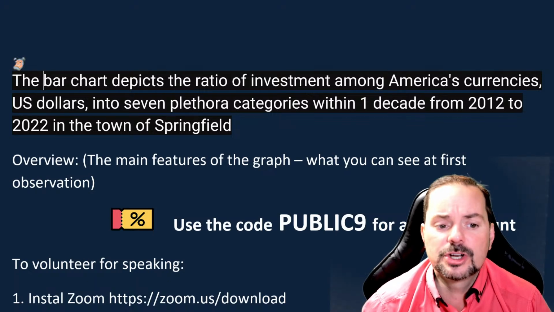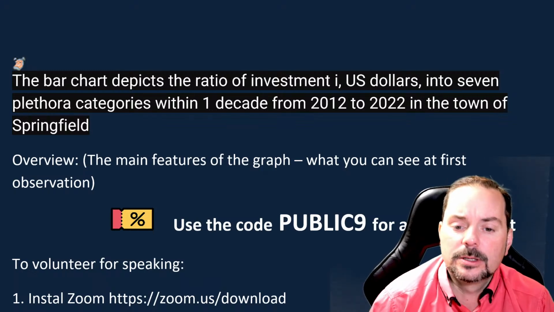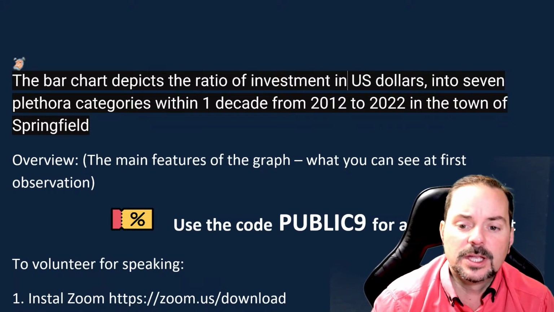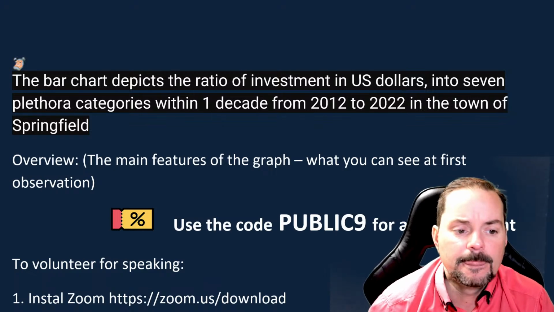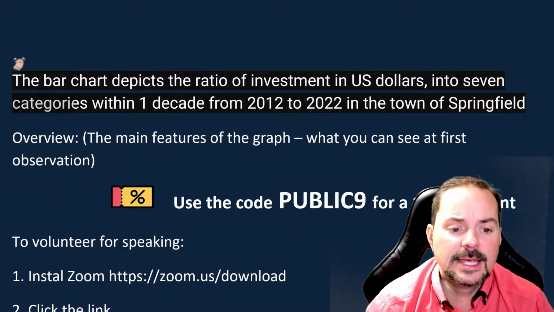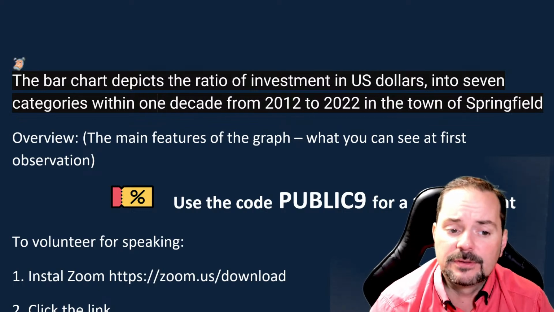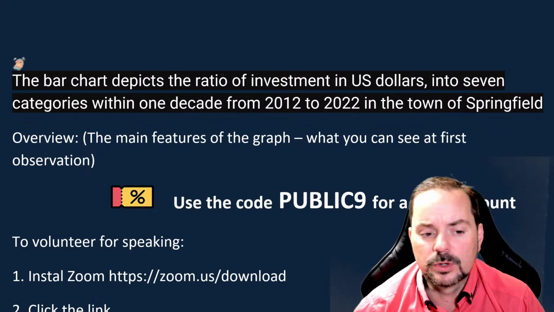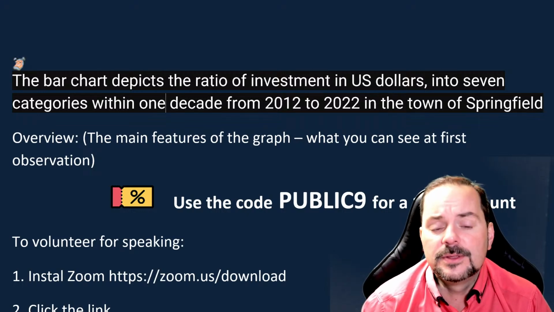Okay, so the bar chart depicts the ratio of investment in US dollars into 7 categories within 1 decade. Plethora is strange there. I would definitely not use the number there. I would use the word within 1 decade from 2012 to 2022 in the town of Springfield.